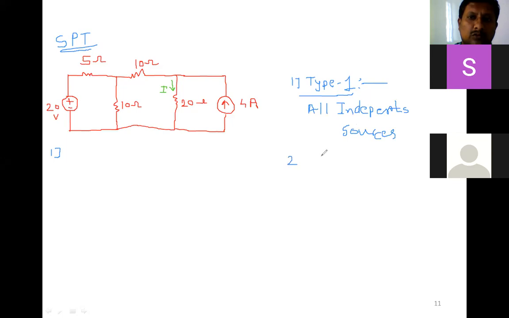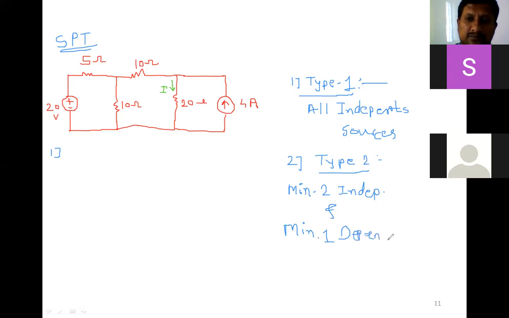Second one, type 2. In type 2, minimum 2 independent sources and minimum one dependent source.